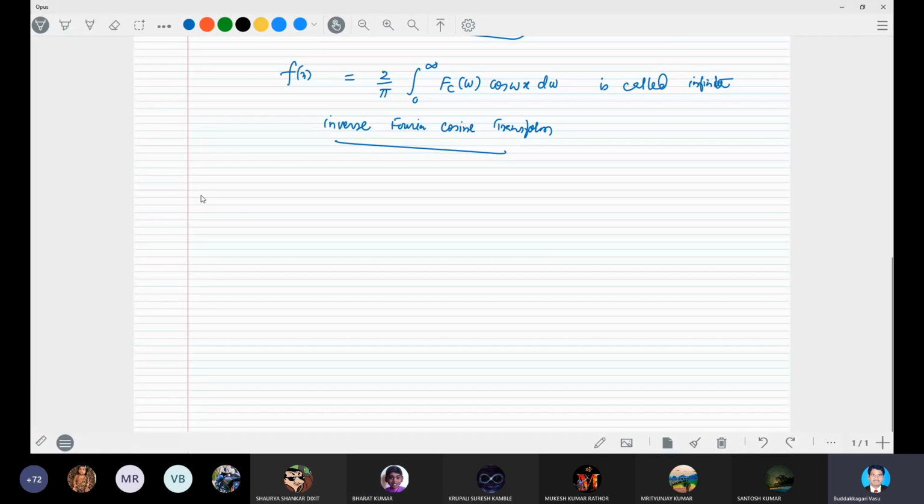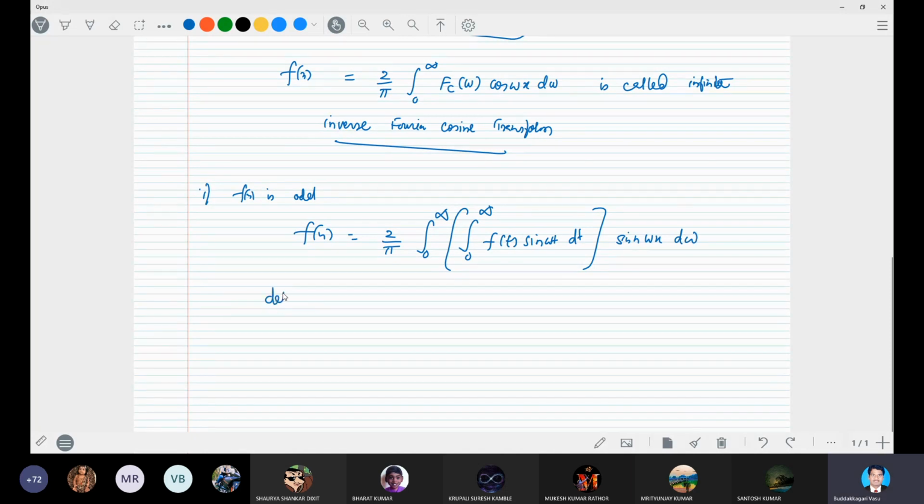In a similar fashion, if f(x) is an odd function, then f(x) becomes 2 by pi into integral 0 to infinity of f(t) sin(omega t) dt into sin(omega x) d omega, where we define Fs(omega), that is equal to integral 0 to infinity of f(t) sin(omega t) dt, which is called the Fourier sine transform.